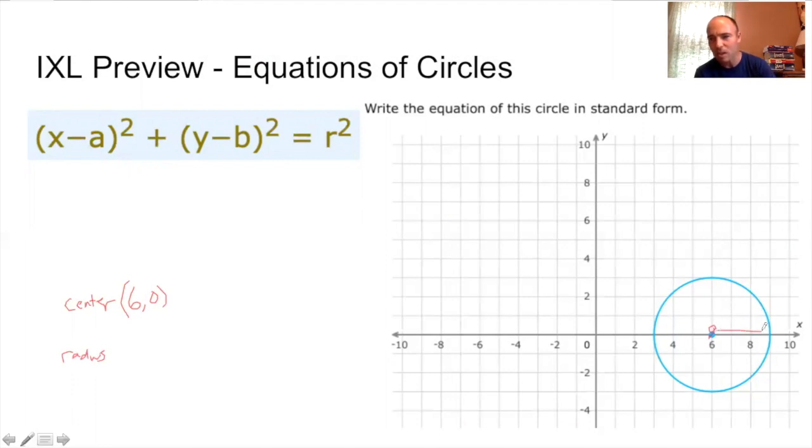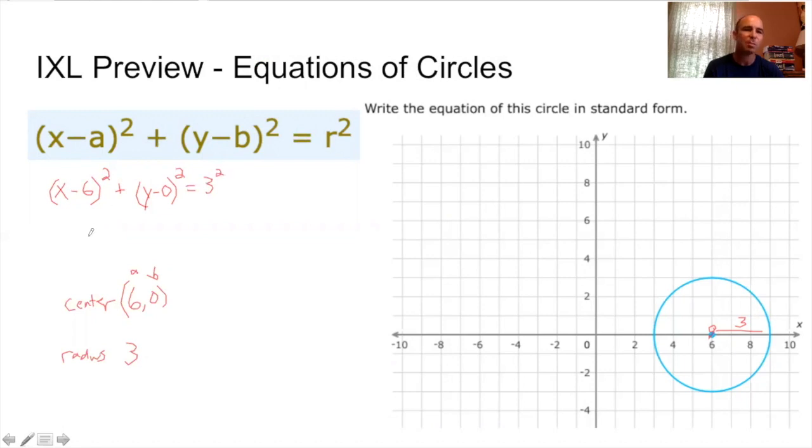It looks like 3. So if that is true, all I'm doing here is using my formula. Here's my x, or my a, I guess I'll say. This is my b. So we've got x minus 6 squared, plus y minus 0 squared equals 3 squared.